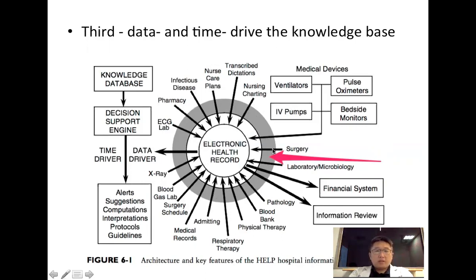So the idea is that everything created or collected from medical devices or from any HIS system will be monitored. For example, when there is new laboratory data, or a new prescription, or, for example, the IV pump generates any kind of new data.